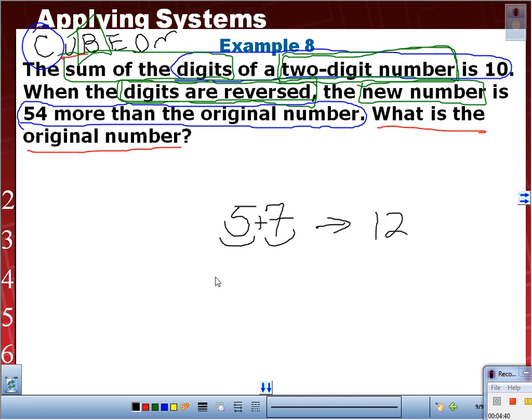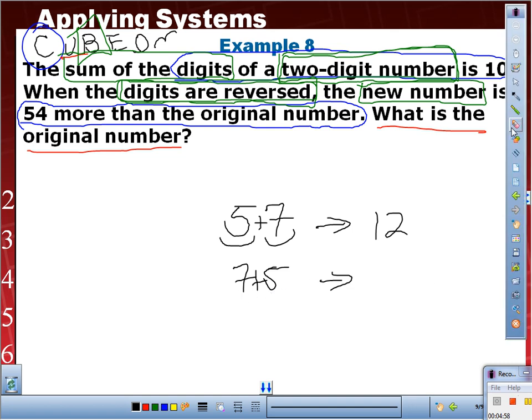Then it says the digits are reversed. Therefore, the new number has to be so much more than the original. So let's see. Oh, my bad. I'm doing the sum for the second part, and it's not a sum. This is the new number. So check this out. 75 take away 57.